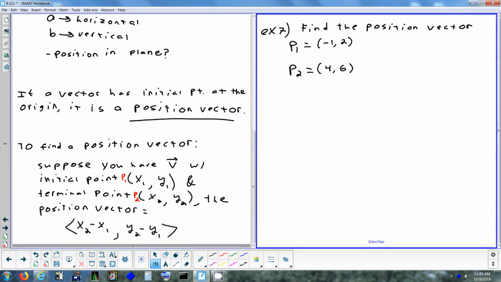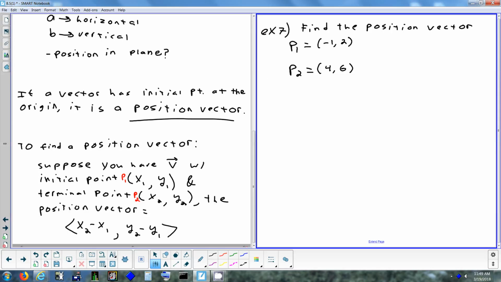Okay, let's try that. So find the position vector. It doesn't say which one is initial and terminal. So how did I say to determine it if they don't tell you? Kelvin? How do you know which one is initial and which one's terminal? First one. Yeah, P1. The 1 is initial, 2 is second.